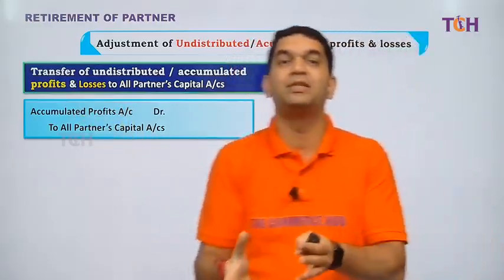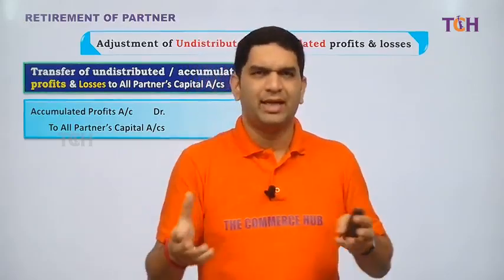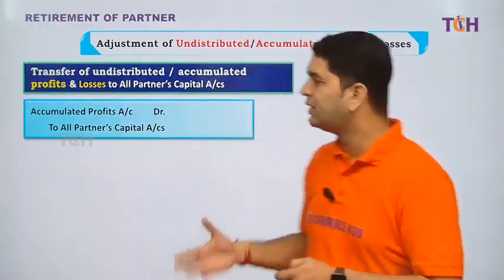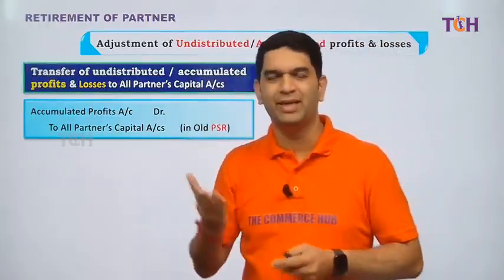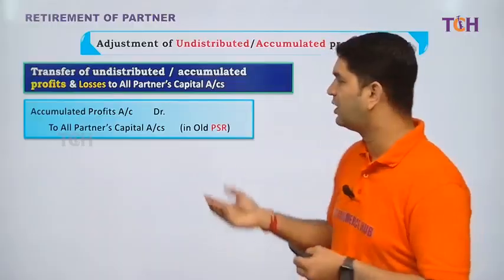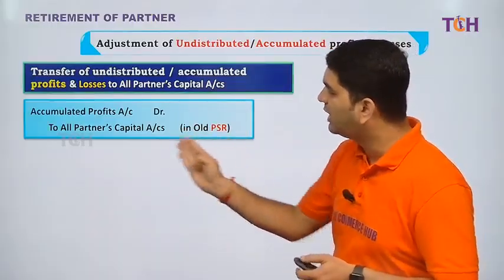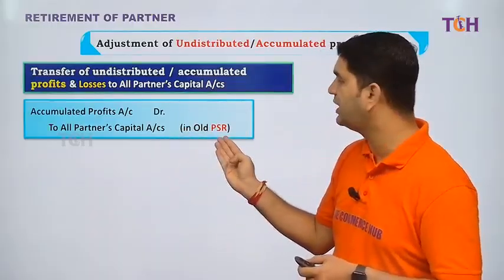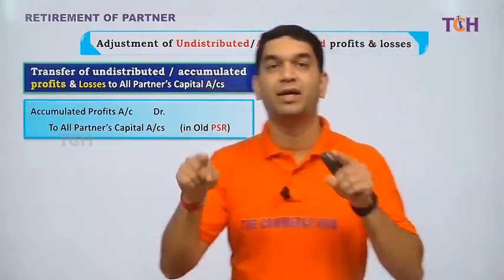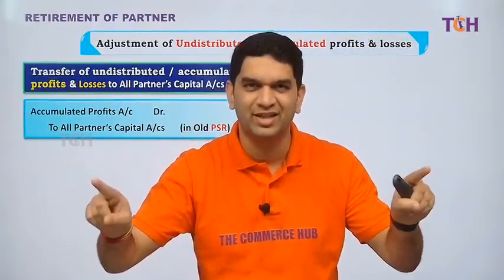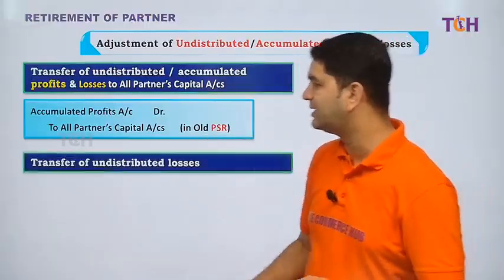Originally profit has a credit balance, so if we have to transfer it, we debit it. That is the simple logic behind it. No need to learn this by heart. Keep in mind these two reasons for debit and credit. In which ratio are we going to do it? We're going to do it in old profit sharing ratio because we are transferring it to all the partners. That is the reason old PSR.